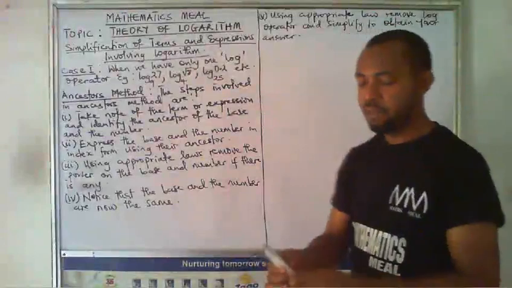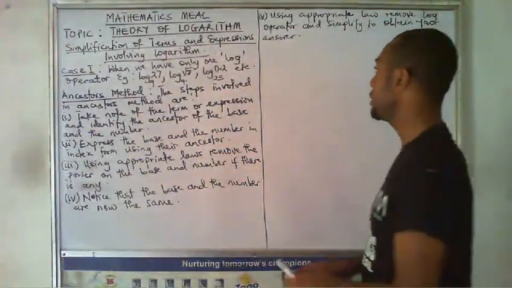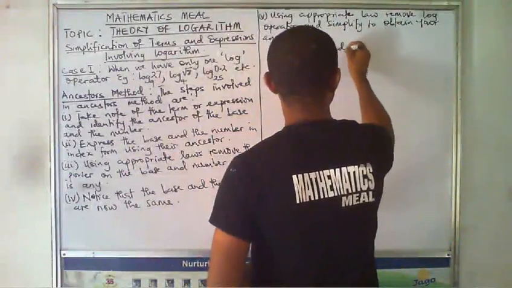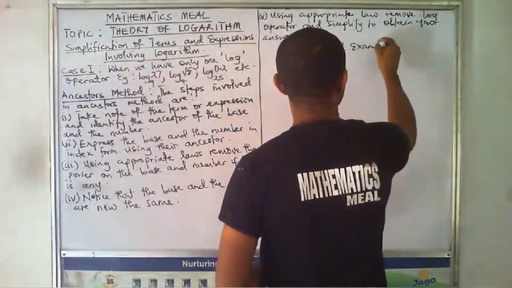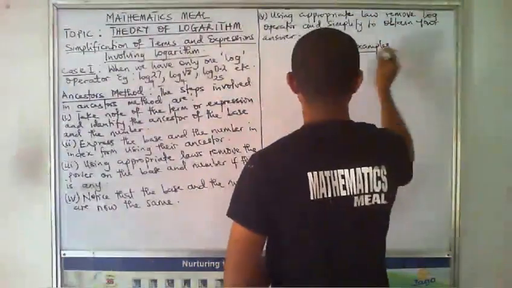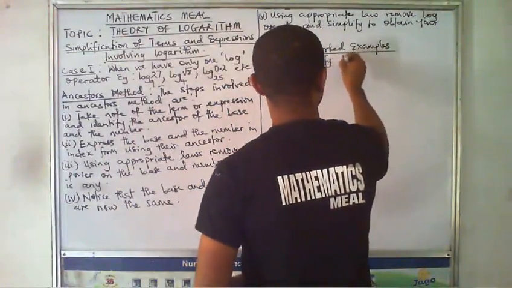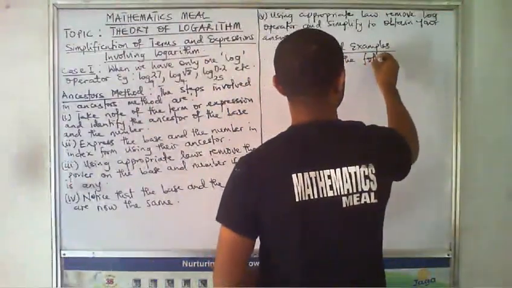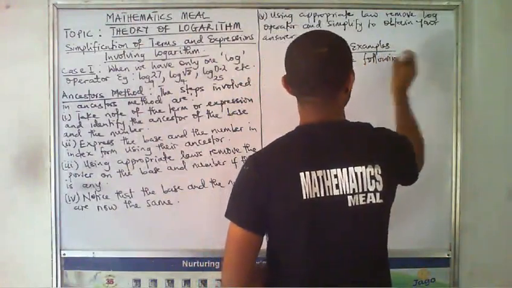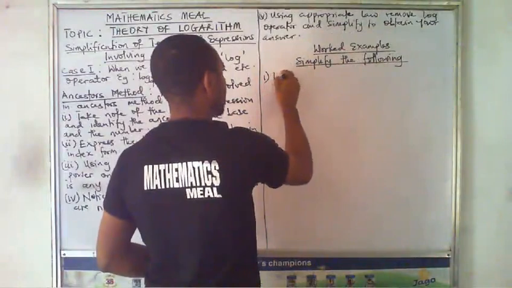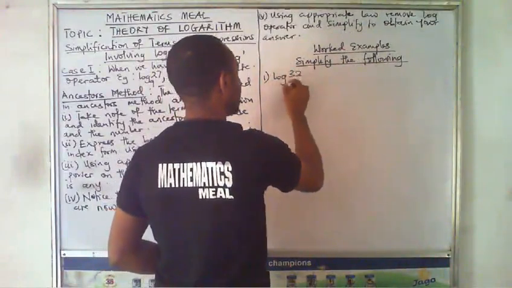So let's write down 1 or 2 questions, and then we follow the steps. Let's say simplify the following or evaluate the following. So we have this one, log 32 in base 2.